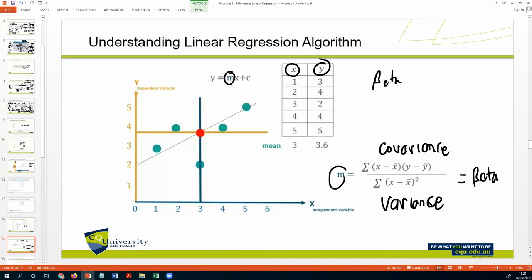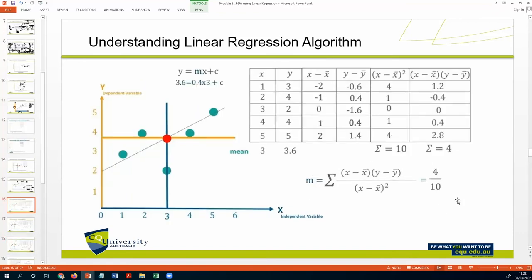So this is the explanation of beta, how the computer calculates the beta. How machine learning calculates the beta. They determine the covariance first, then divide by the variance. So this is the model.